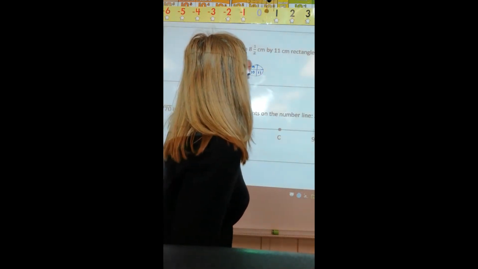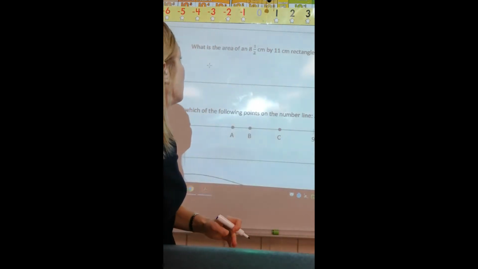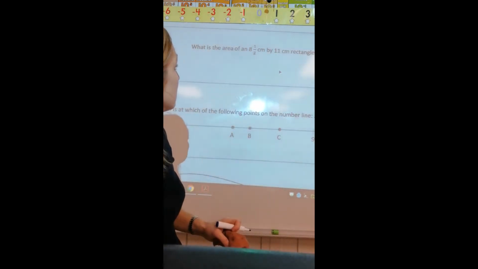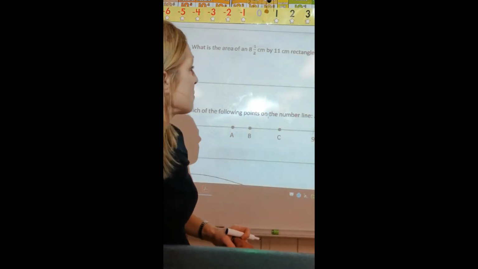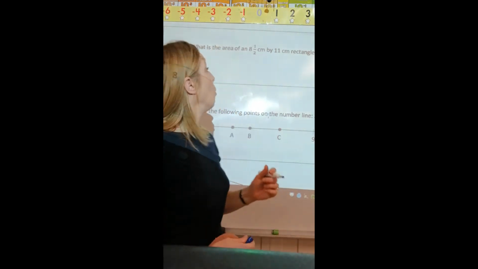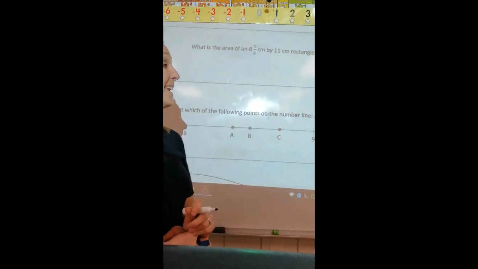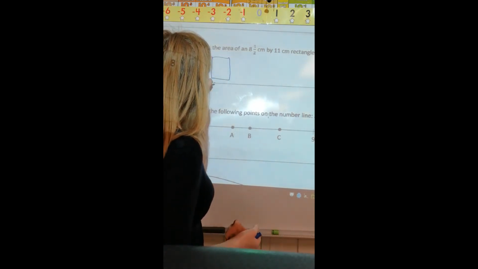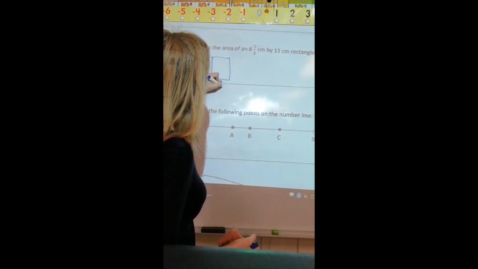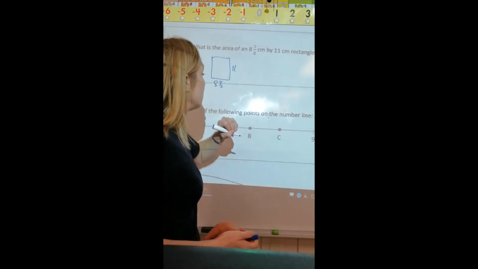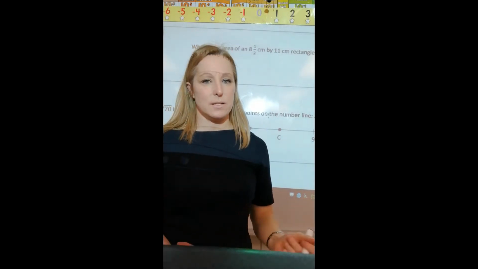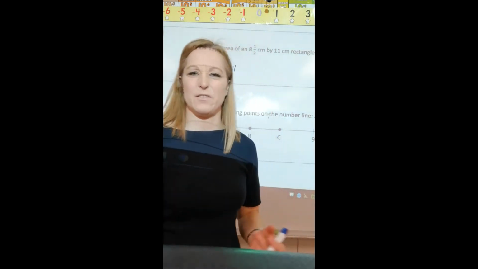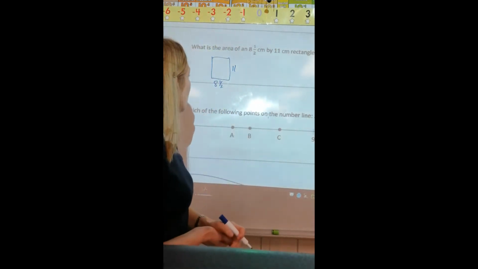Number 6. What is the area of an 8.5 by 11 rectangle? This is mental math, which means we can't use a calculator, and we really don't want to have to calculate things.